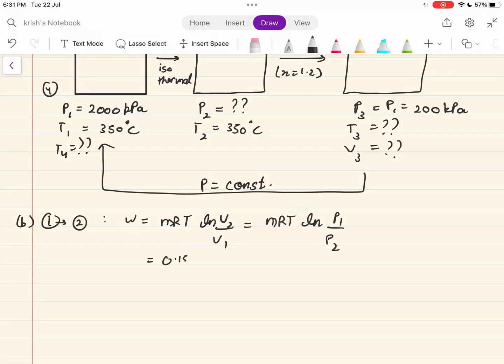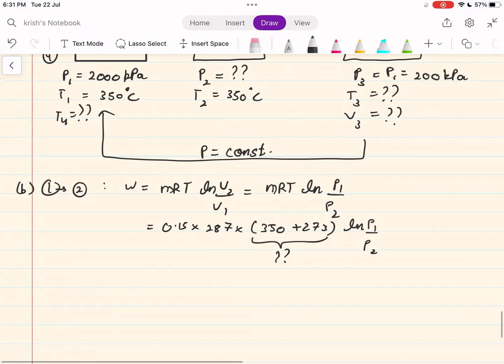We get m into 287 into 350 plus 273. I want you to answer why we are doing this. Ln P1 by P2. Okay, so we don't know P2.